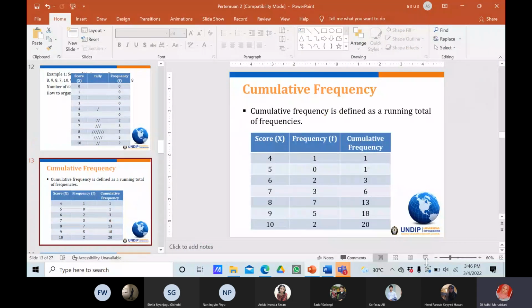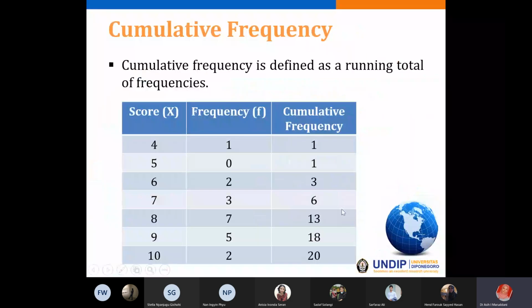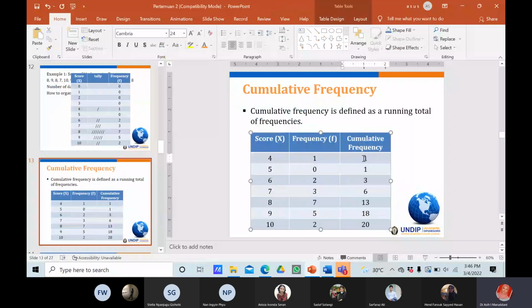Then for the cumulative frequency, I will tell you where the numbers come from. Score 4, frequency 1: we can say that one student got less than or equal to 4.